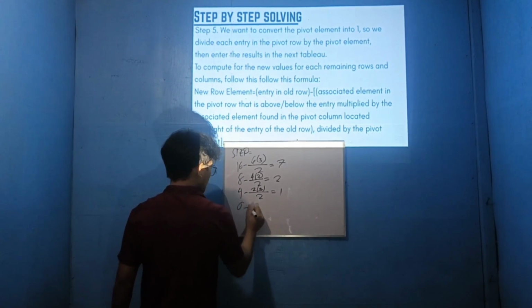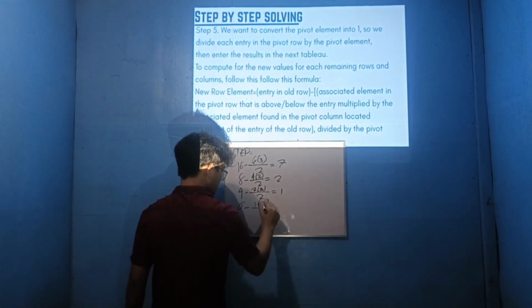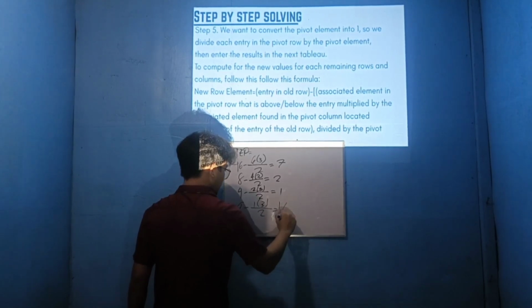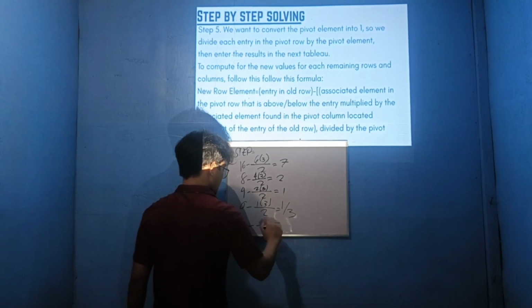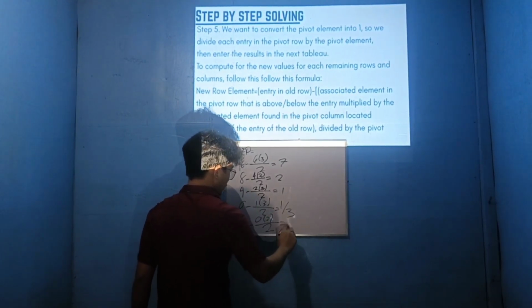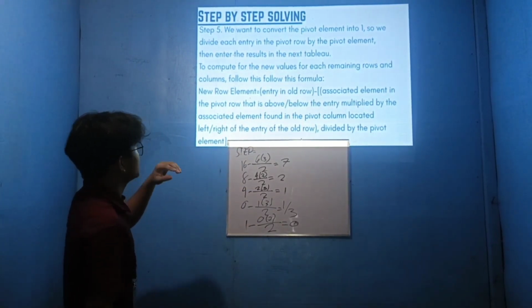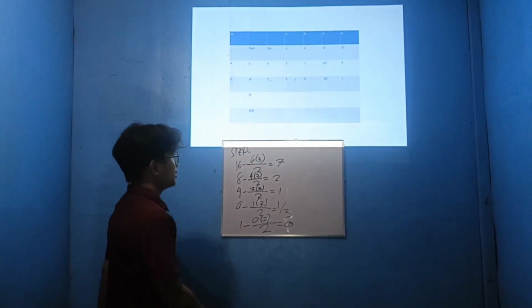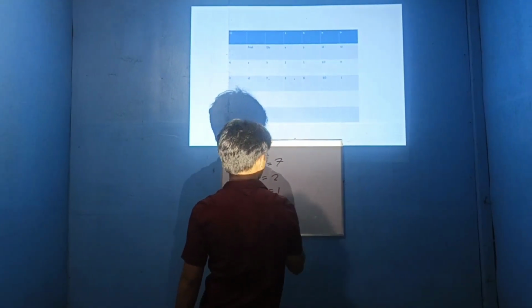And 0 minus 1 times 3 over 2, we got negative 3 over 2. And 1 minus 0 times 3 divided by 2 is equal to 0. Next table, please. Here, we got our 7, 2, 1, 0, negative 3 over 2.